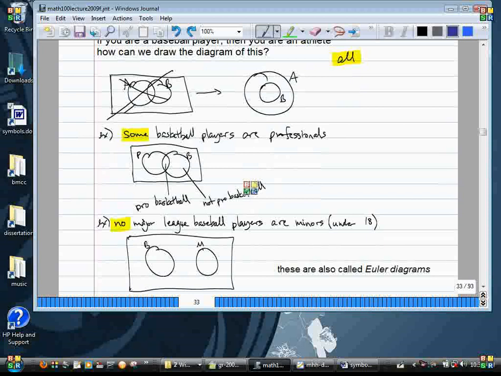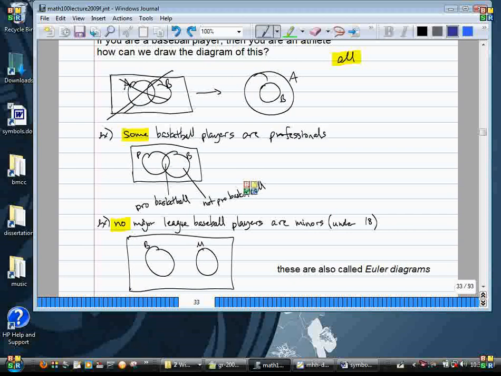Well, let's look at the circle for Major League Baseball players. So if you're in that circle, which is M, then are you a minor or not? Sorry, I flipped it around.